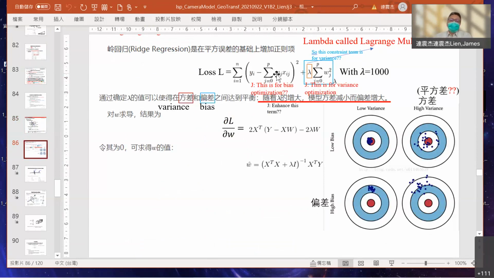How can I explain this? This term, in physical meaning, tries to reduce the bias. When you optimize, you try to estimate the parameters W, and your result has some bias. You hit the target, but target is in the center, and bias means you hit it a little bit away from the center.